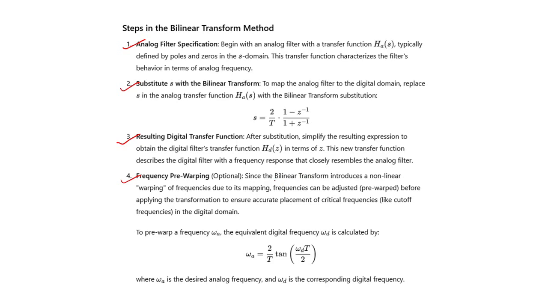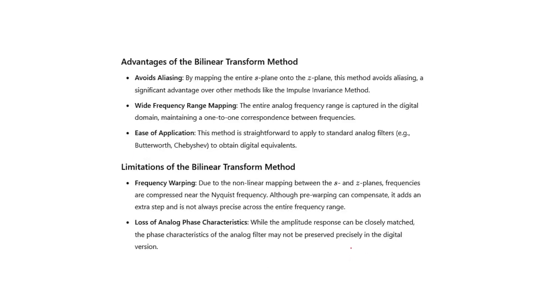Since the bilinear transformation introduces warping, the frequencies can be pre-warped before applying the transformation, as we did in the next example, to ensure accurate placement of the critical frequencies. Advantages of the bilinear transformation: avoids aliasing, wide frequency range mapping, and ease of application. Limitation: frequency warping and loss of phase characteristics, because phase is associated with the frequencies.